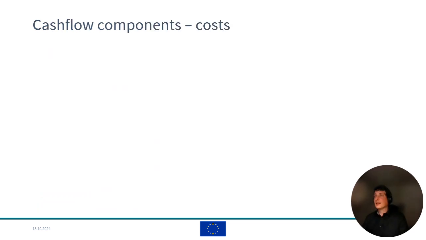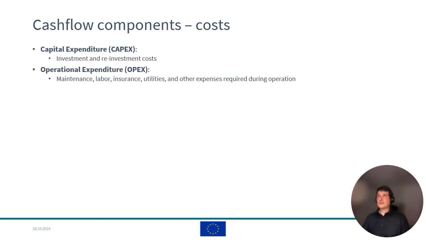Okay, then let's get to the economic part of the whole thing, cash flow components. So basically you can break down everything to capex and opex costs. Maybe you've heard about that before.